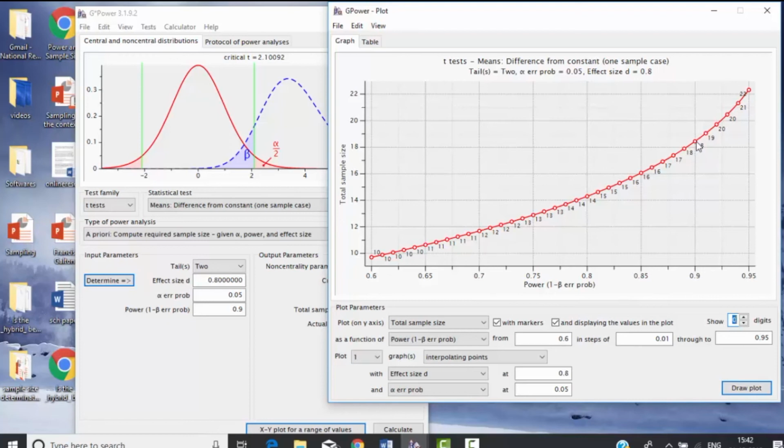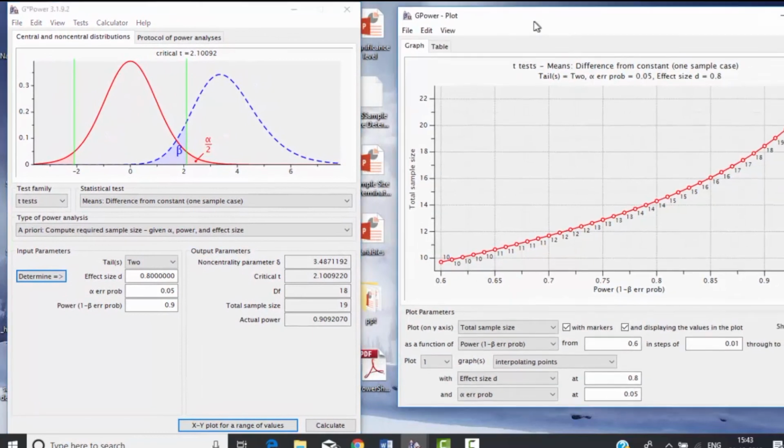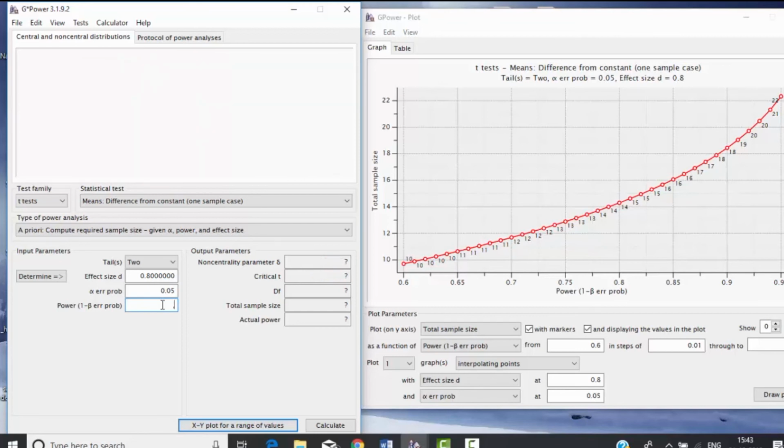Therefore, by having these values, now you can see both the graphs over here, and here you will see the population graph, you will see the sample graph, and you will see the beta error, and you will see alpha and beta. Now, let us think of something like we change this particular value from 0.9 to 0.7.